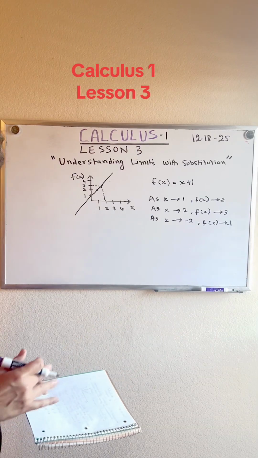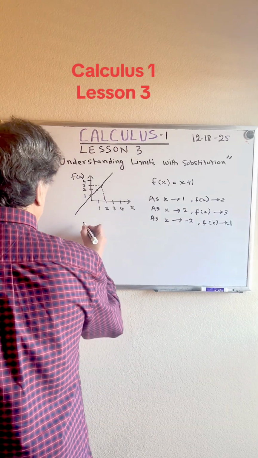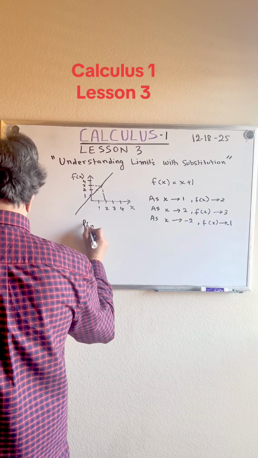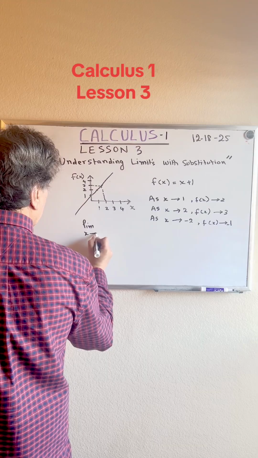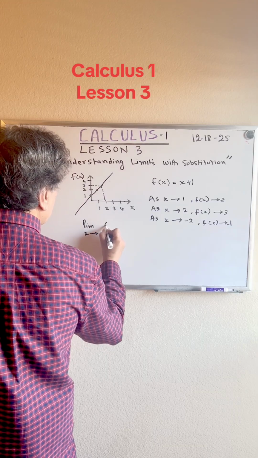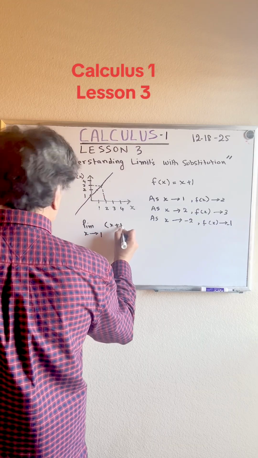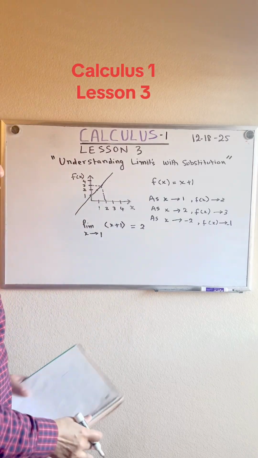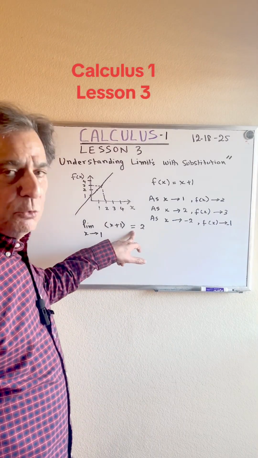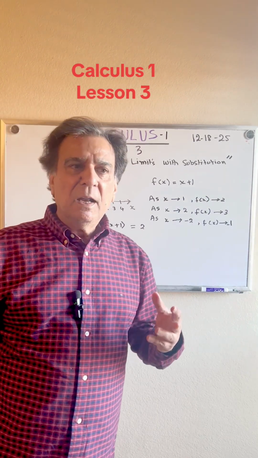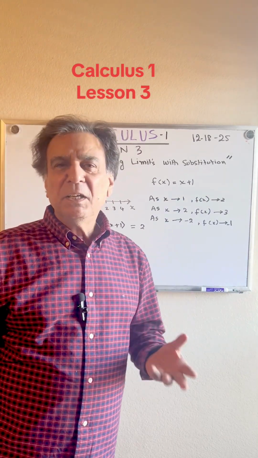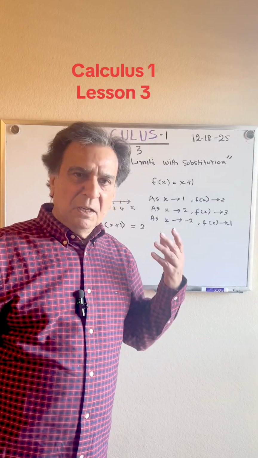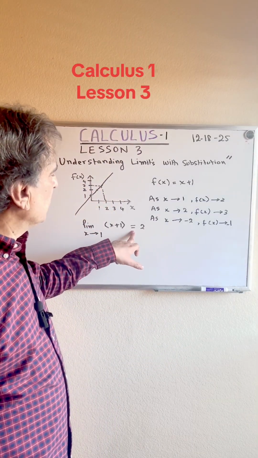Now in calculus, how do you write limits? In calculus, you write limits like this. You say limit as x approaching 1, x plus 1 is equal to 2. In your book, it says equal sign, but I have difficulty understanding why mathematicians or, in schools, why they have the equal sign.